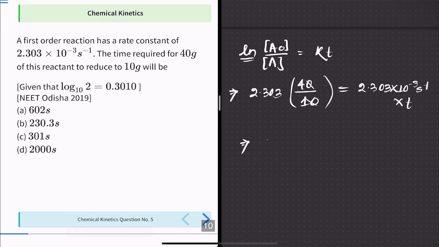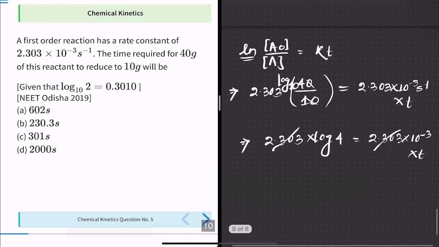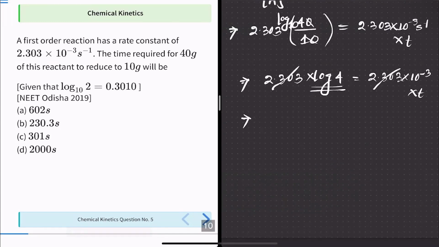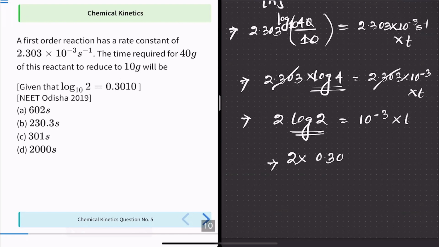So 40 by 10, 2.303 log 4 equals 2.303 into 10 to the power minus 3 into t. The 2.303 cancels out. To find log 4, we will convert it to 2 log 2, equal to 10 to the power minus 3 into t. 2 into log 2, the log 2 value is 0.301.